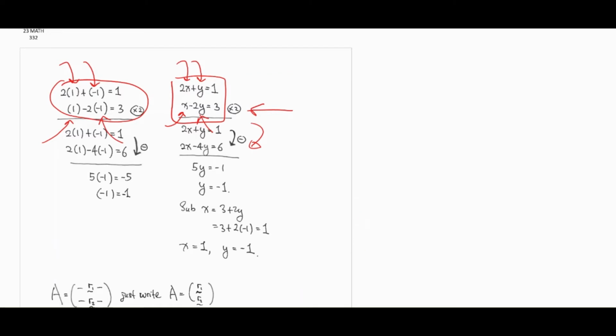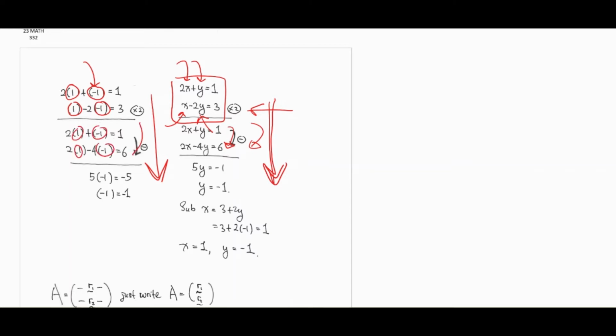When you multiply 2 to the second equation and subtract from the first equation, you will see that the solution, if you do the same operation on these numbers, is still unchanged. You get something that looks like this, which is exactly what you get by looking at this system. Then you divide by 5, so you get this. So the answer here is actually not changed, even though you do operations.